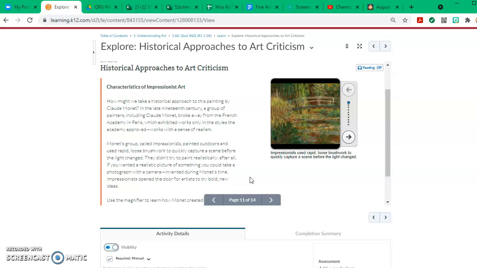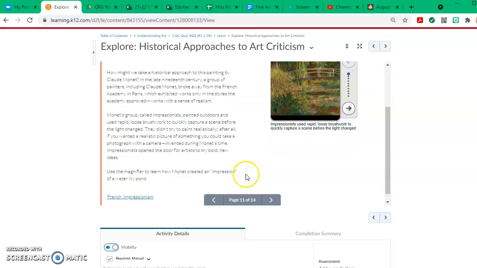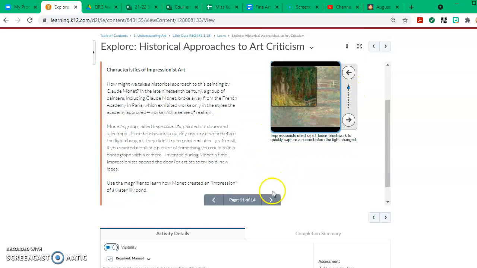Monet's group, called Impressionists, painted outdoors and used rapid, loose brushstrokes to quickly capture a scene before the light changed. They didn't try to paint realistically. After all, if you wanted a realistic picture of something, you could take a photograph with a camera. Invented during Monet's time, the camera helped Impressionists open the door for artists to try bold new ideas. You can explore that up here.